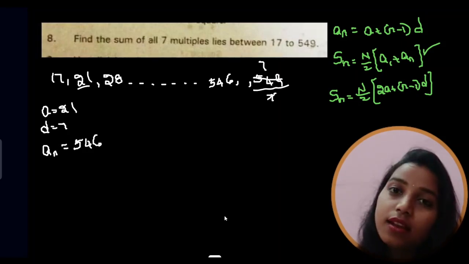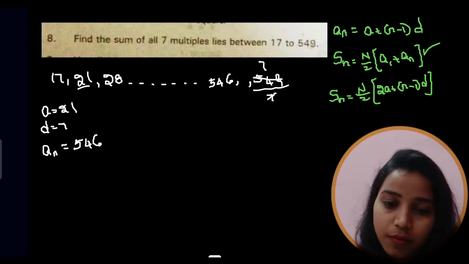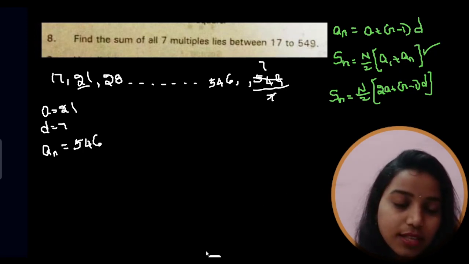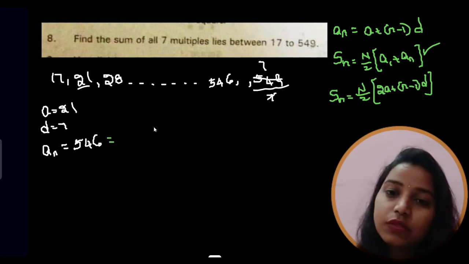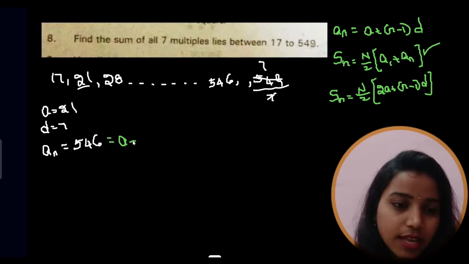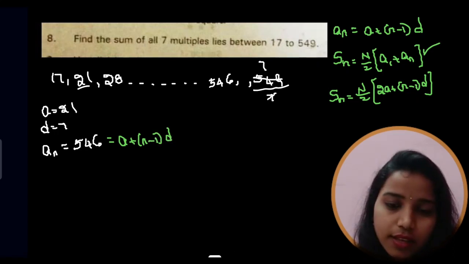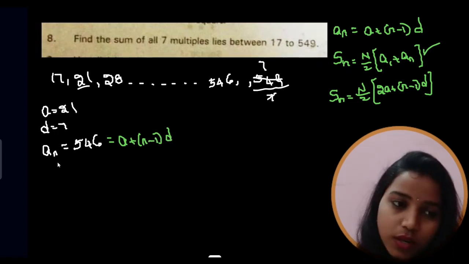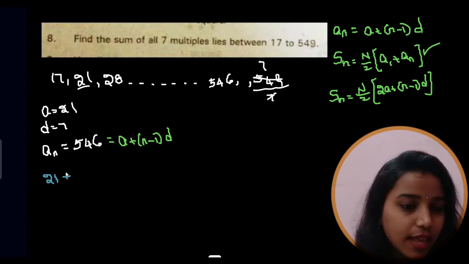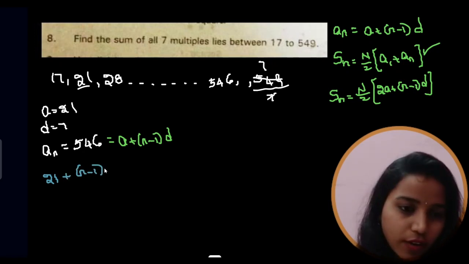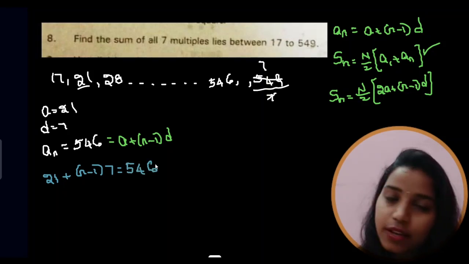But we don't know n. We have to find the n number. So for that, I'm simply equating this to the formula, a plus n minus 1 into d. Now you can substitute all the values. A is 21, n minus 1, n we don't know, we need to find it, and d is, of course, 7, and an is 546.